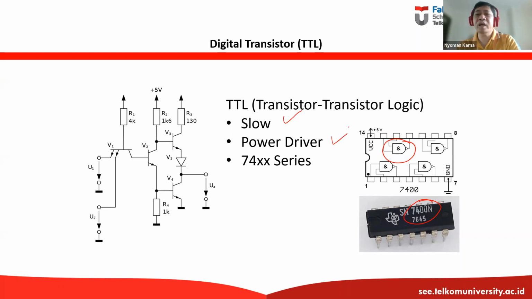So we can use TTL to, for example, turn on a DC motor. So TTL is slow, but it can give power. And it's fabricated using the 74XX series.